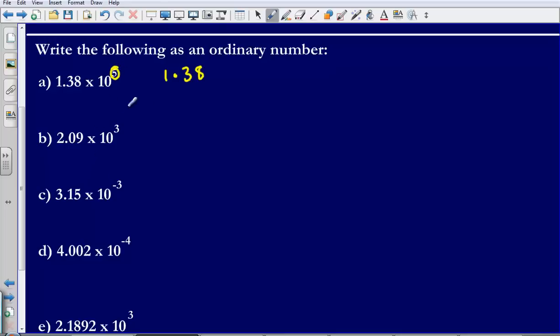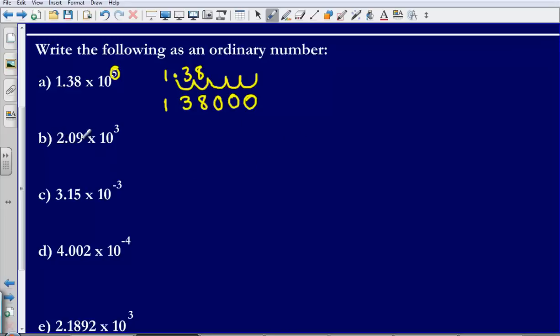So the power of 10 here is 5, so I'm going to move it along by 1, 2, 3, 4, 5. So what I end up with is 1, 3, 8, and I've just moved that decimal point along 5 places. Well, what's going to go in these gaps? Zeros. And so my answer, 1.38 times 10 to the power of 5, is going to be 138,000.